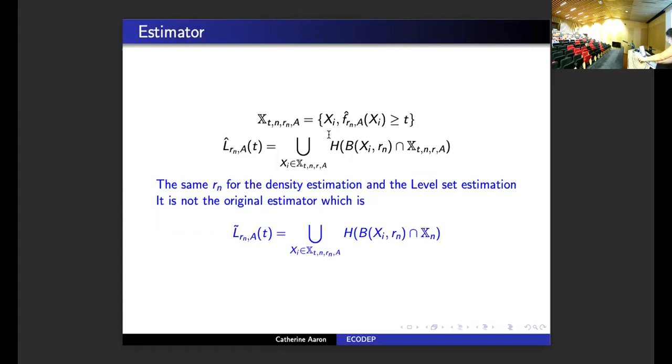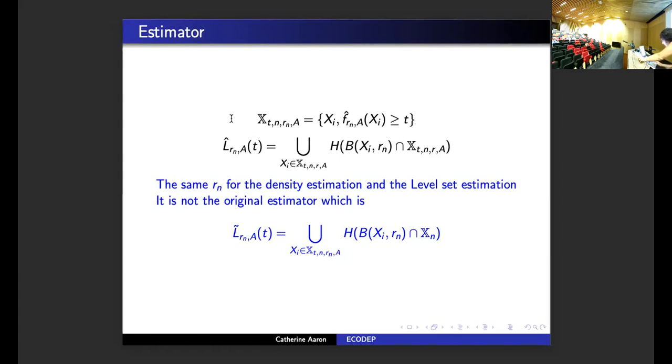And if you do that, and take the same radius as for the density estimation, and estimate the level set exactly as we proposed for the support, I take the union of the convex hulls of the observation points where the density is greater than t. If I do that, I will have very good results in level set estimation.